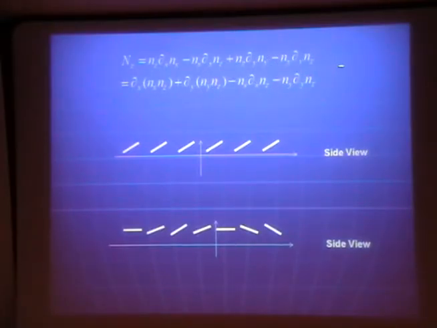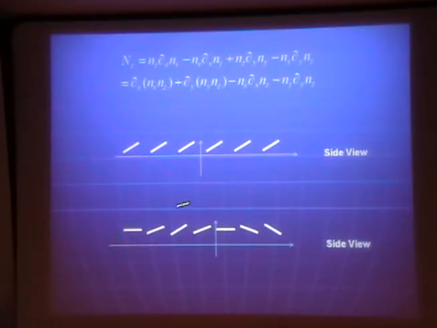From this, we immediately see that these two terms just disappear when you integrate over the surface. This is a complete derivative. So we are left with the last two terms, and if n_z, the z component of the director, is just constant, these two terms also disappear. So we don't have any surface contribution.